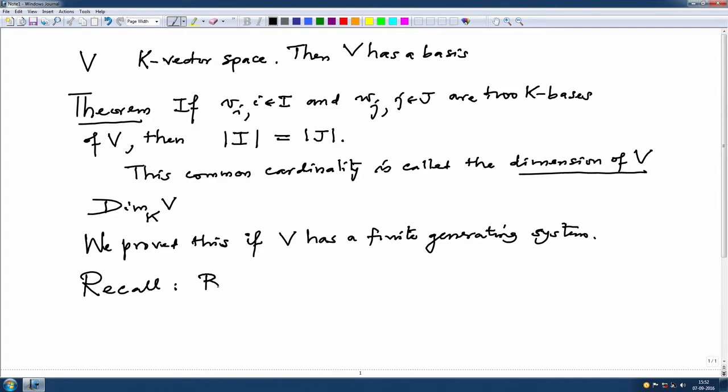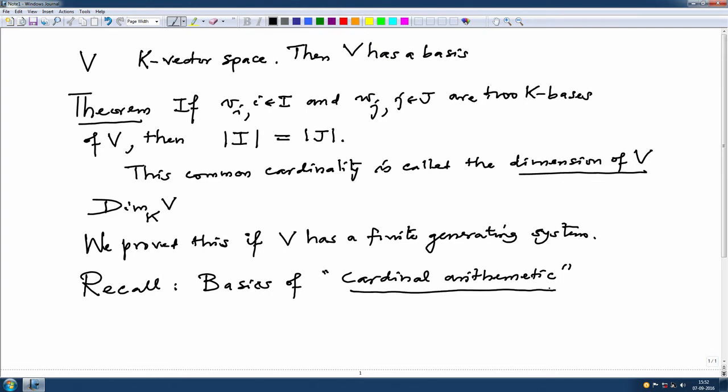the basics of what is called cardinal arithmetic. Mostly I will tell the definitions clearly, and the results I will not prove.